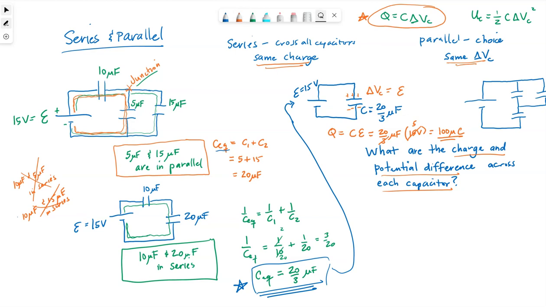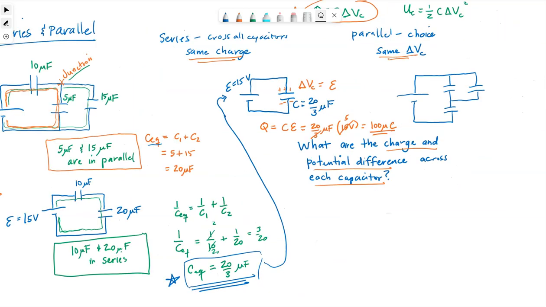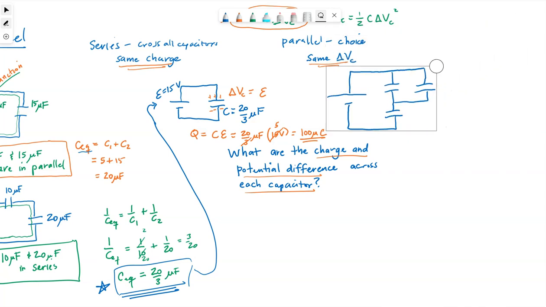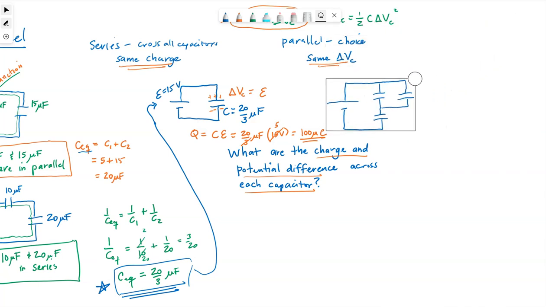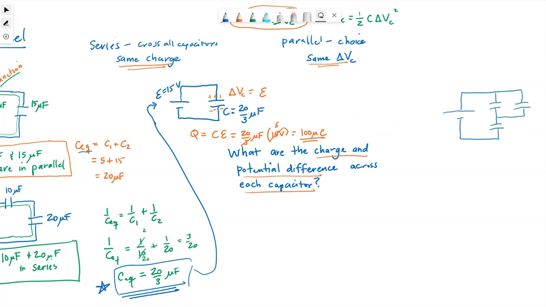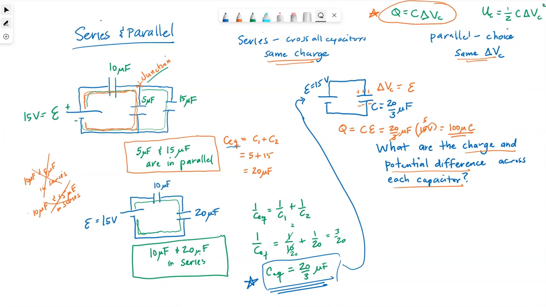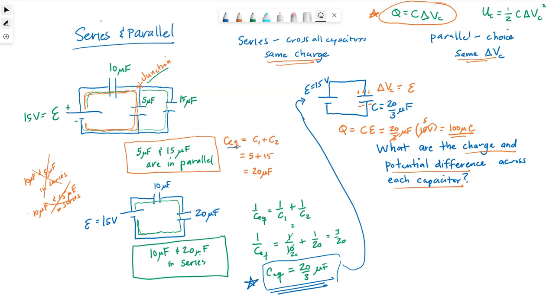And let me see if I can move this guy completely off the screen. I thought I was being nice and prepared, but really I got in my own way instead. Come over here. There we go. So back to our circuit.